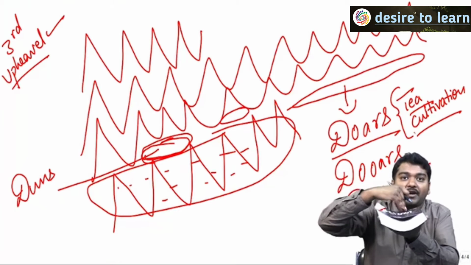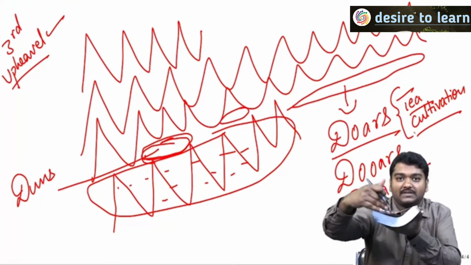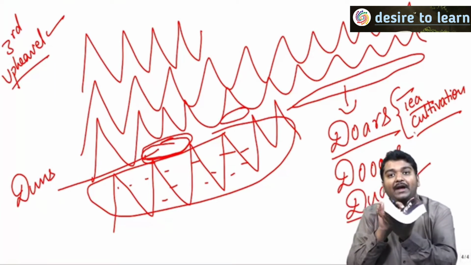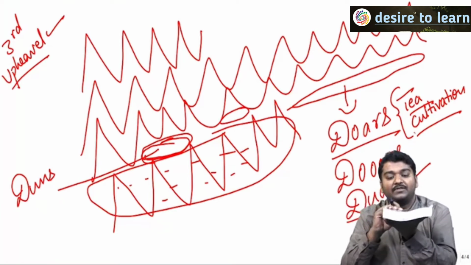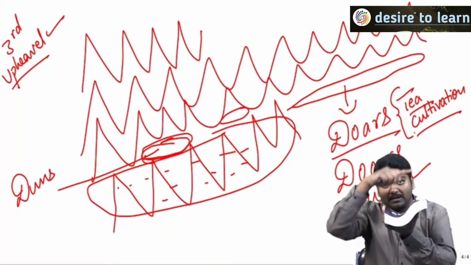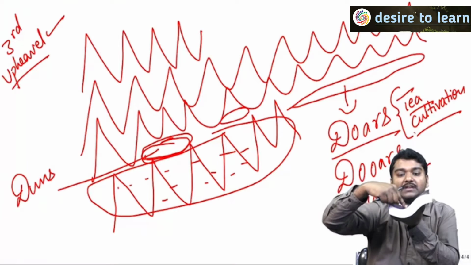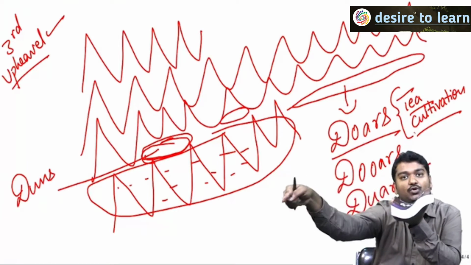They all join Ganga, Yamuna and other rivers, and they flow like this. They change their course like this, and then they go to Bangladesh.